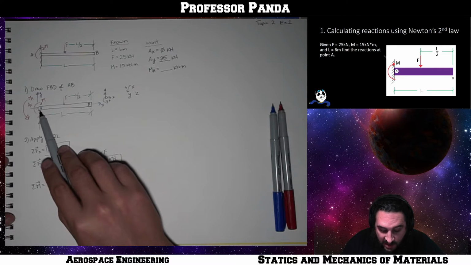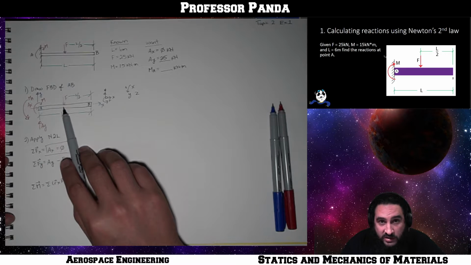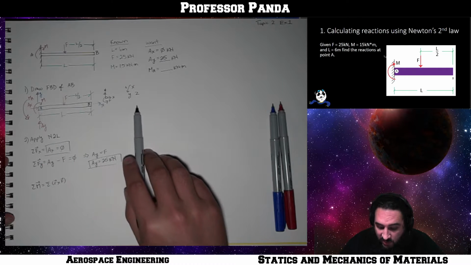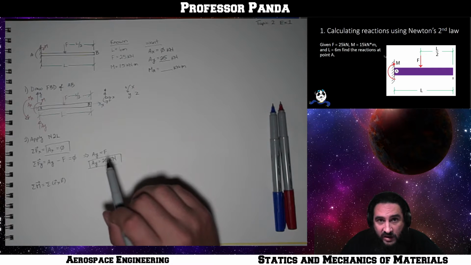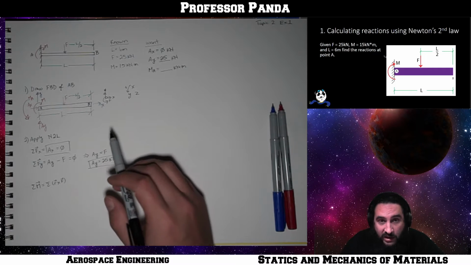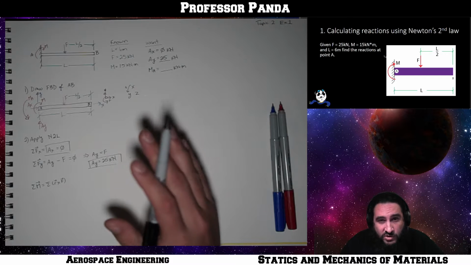Because I can pick A, I can pick the midpoint, I can pick B, I can pick somewhere over here, call it C, and say that it's X distance away from A or B. Some of these are smarter than others.